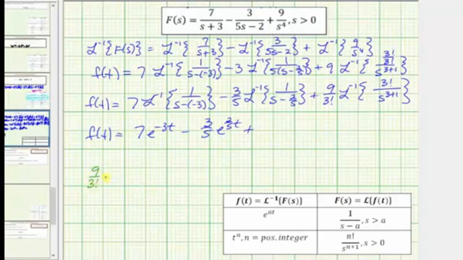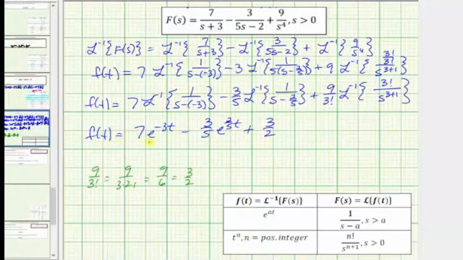9 divided by 3 factorial equals 9 divided by 3 times 2 times 1, which is 9/6, which equals 3/2. So we have plus 3/2 times, applying this formula where n equals 3, the inverse Laplace transform would just be t to the third.